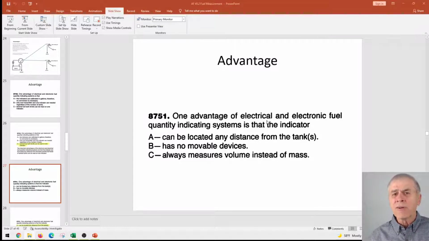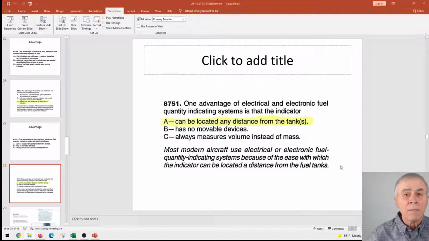But electrical does have movable devices. It has at least the wiper is movable on the resistance. And C always measures volume instead of mass, kind of the opposite. We know electronic measures mass, so you could get to the right answer by eliminating the two incorrects. So, A.